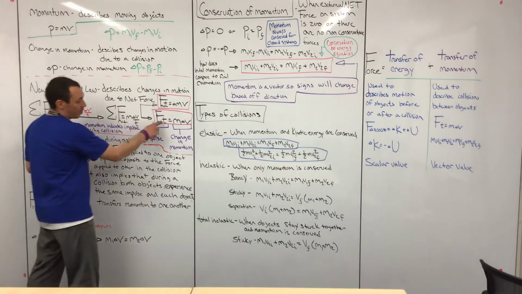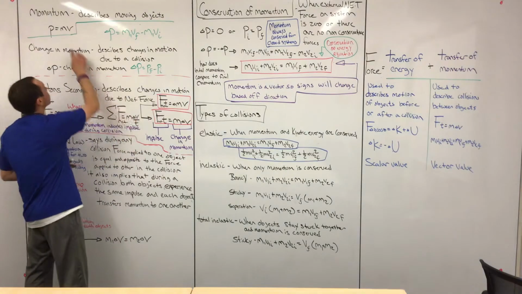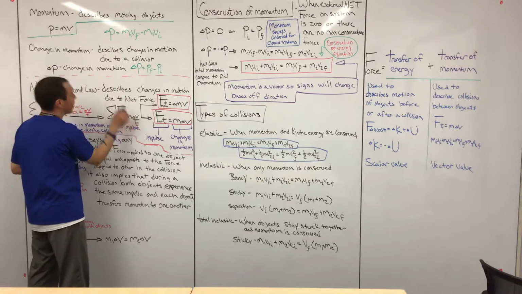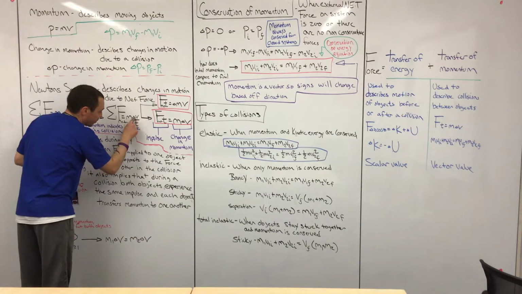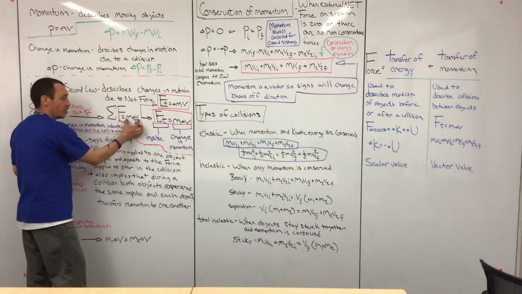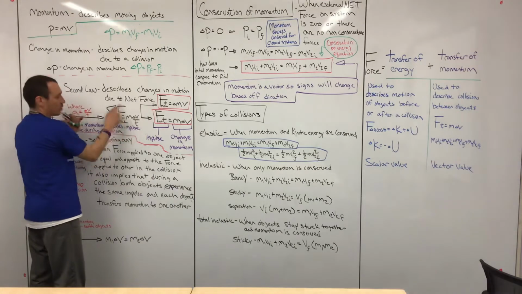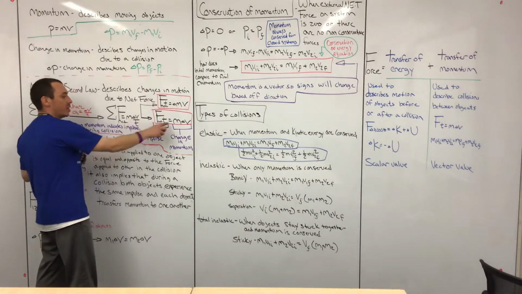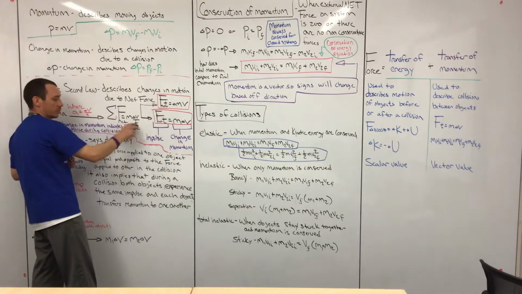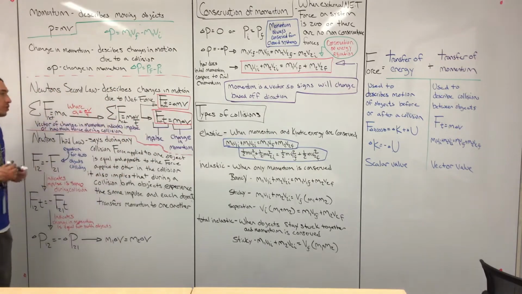So he just brought t over, because he knew that mv was a way to describe momentum, a moving object, and that if v's changing, that must be a change in momentum. So when he brought t over and multiplied t by F net, he saw where the change in momentum was coming from.